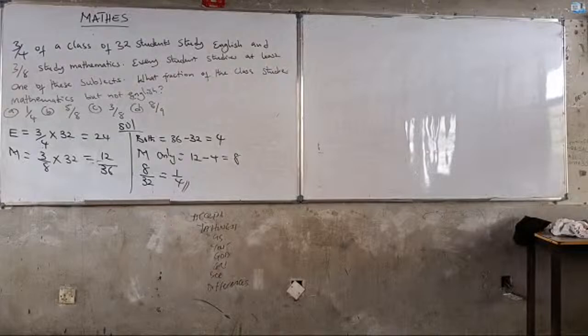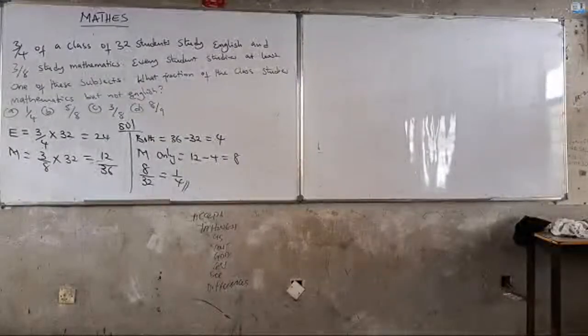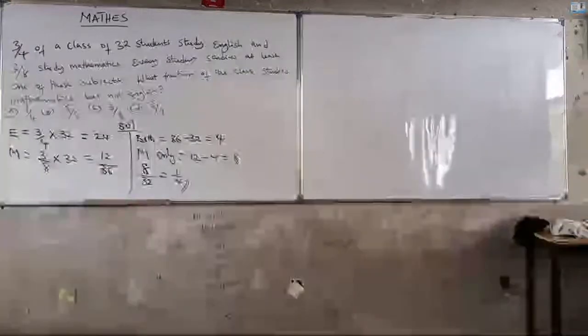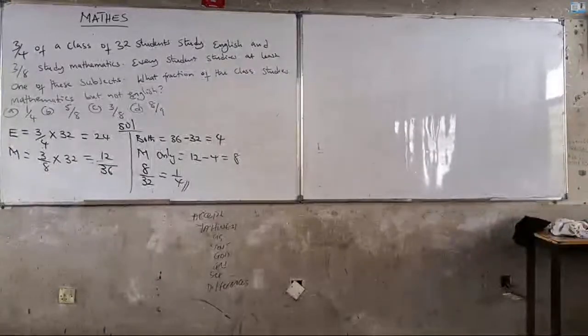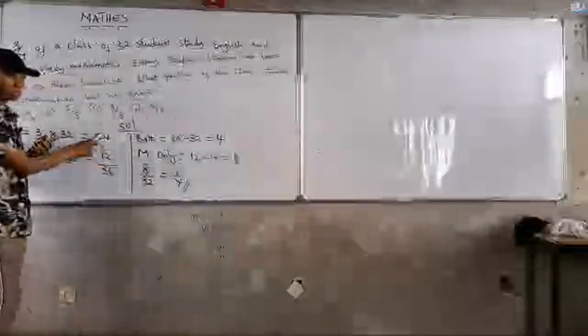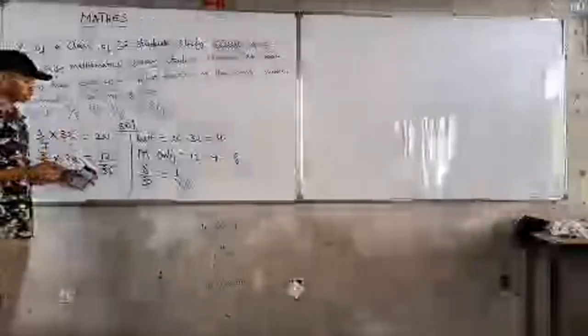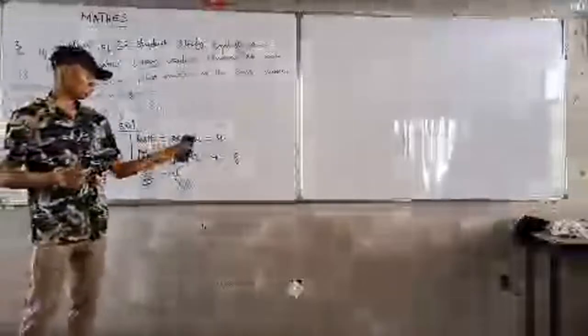So just fit yourself into that method. If you add this, you get 36, which is more than the number of persons in the class. That was how I would say 36 minus the total number of persons.